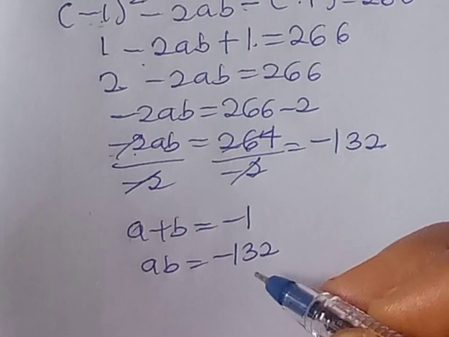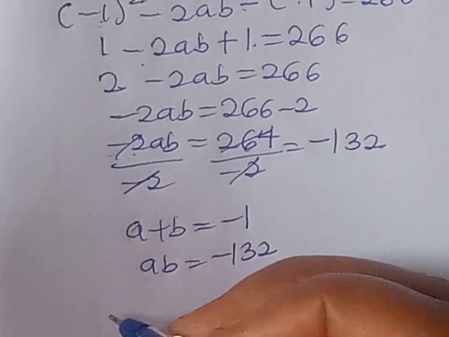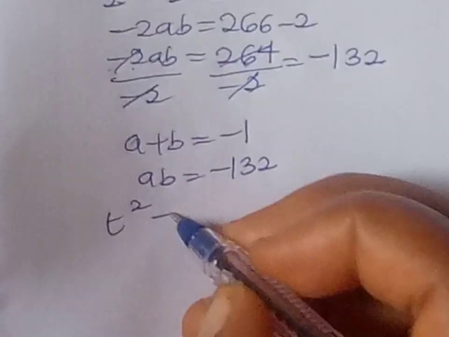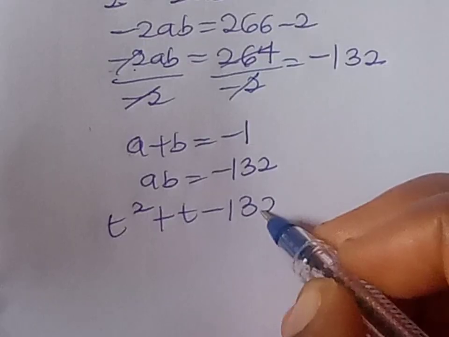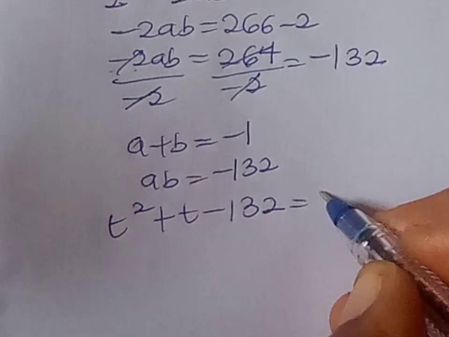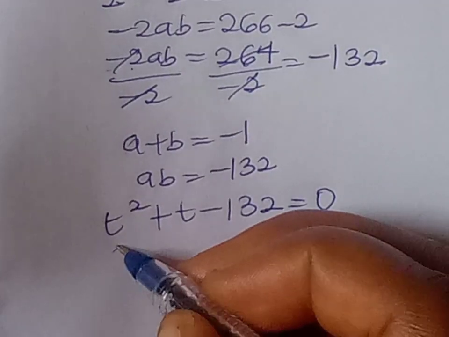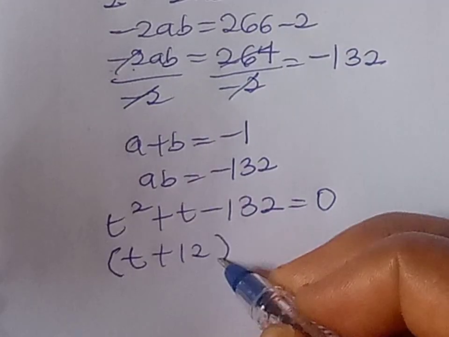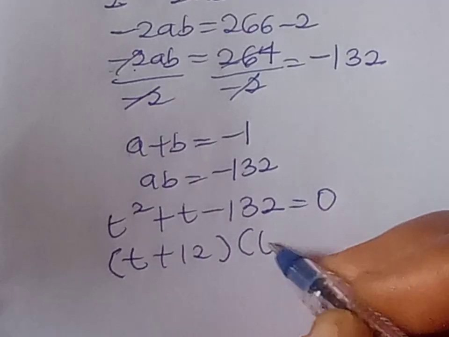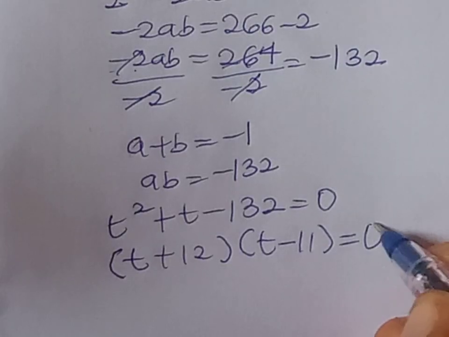So these two numbers are the roots of the quadratic equation t squared plus t minus 132 equals 0. Now let's factor this, which will give us what? Open bracket t plus 12, times t minus 11, equals 0.